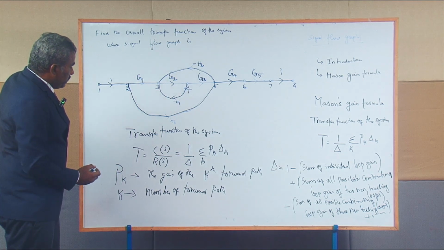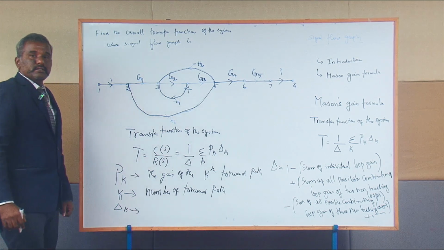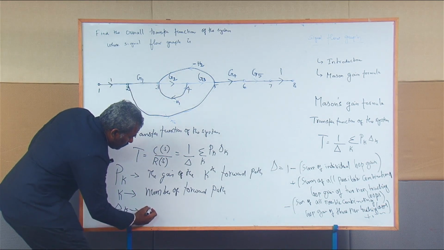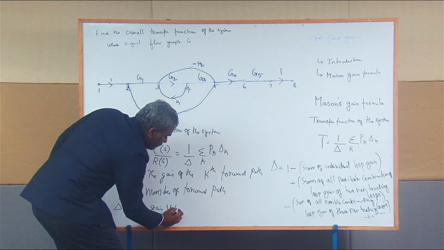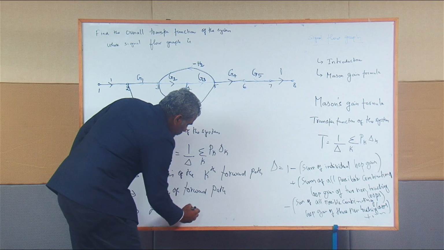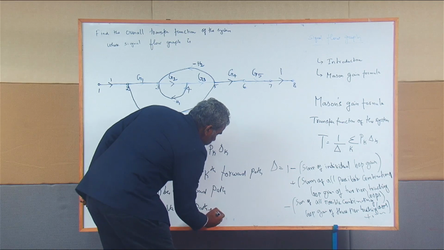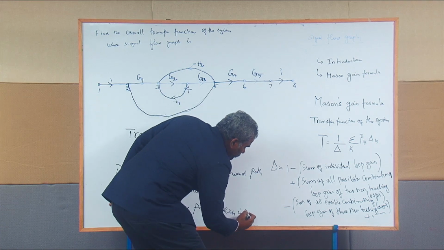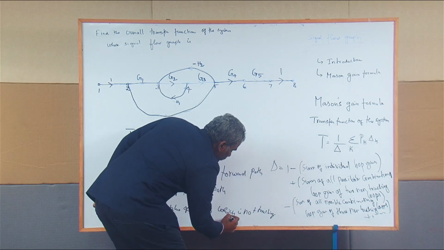The last thing in the overall transfer function is del suffix k, which is nothing but the gain value of the paths which are not touching the kth forward path.